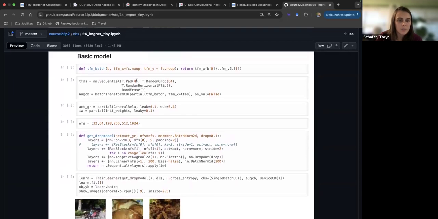Okay, so we do have some augmentation: padding, random cropping, horizontal flip, and erasing. And we have to make sure that for things like padding, cropping, and flipping, we need to do them on both the X and the Y, right?